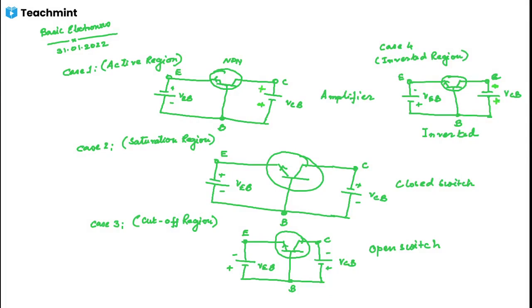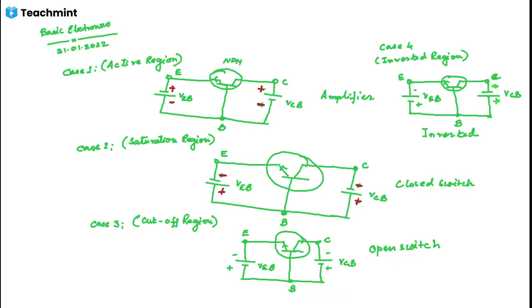Sorry, this is positive, negative. One minute, I'm writing. I'm changing the color so you can understand this point. Okay, this is positive, this is negative. If I write this, then this will be written as positive and negative. So if I write here for the saturation, this is negative, this is positive, so this will also be negative and positive.